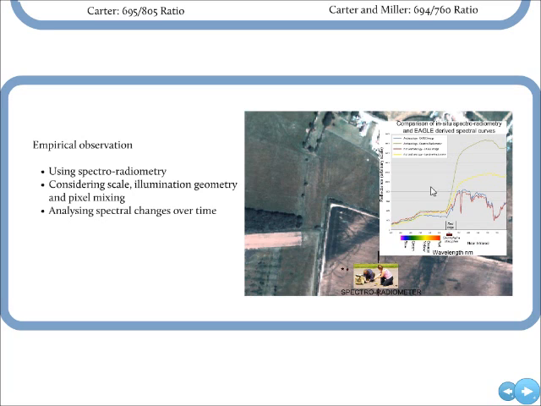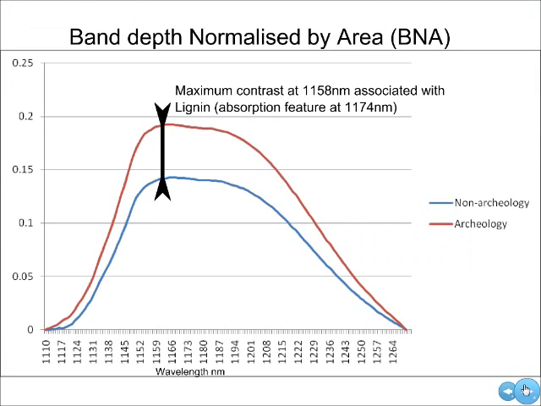And here's an example of our initial analysis. Here we've used a technique called band depth normalized by area, and we've identified that we have a maximum contrast within the region of 1.58 nanometers, and that ties in with a lignin absorption feature, which is part of the plant process. So we're showing a relative contrast response due to different physiological changes in the plant.